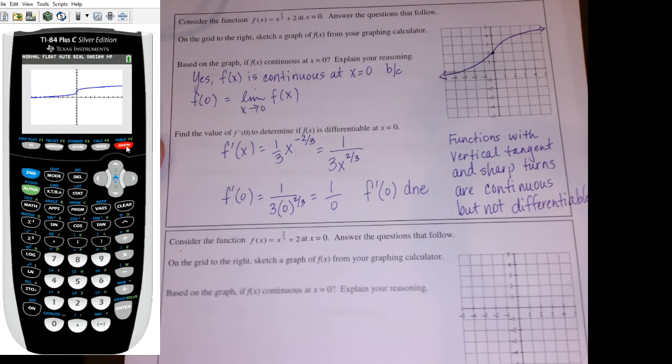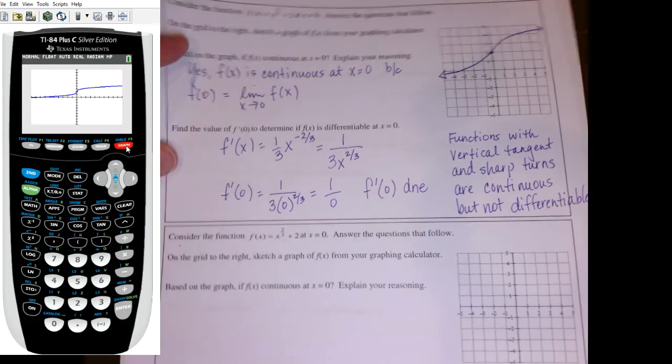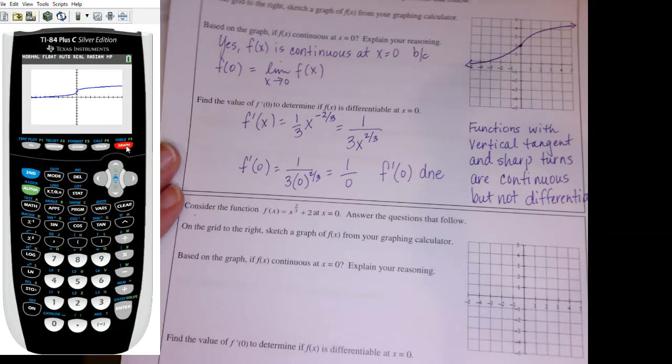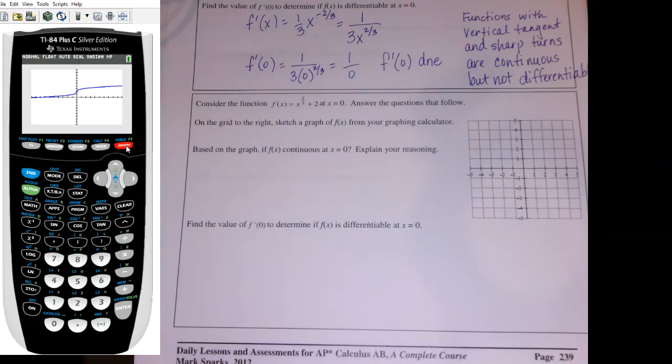So we have to watch for those because they're tricky. They're continuous, but they're not differentiable. Okay, let's look at one more scenario. This time we're going to put in x to the 2/3 plus 2 and take a look at that graph.